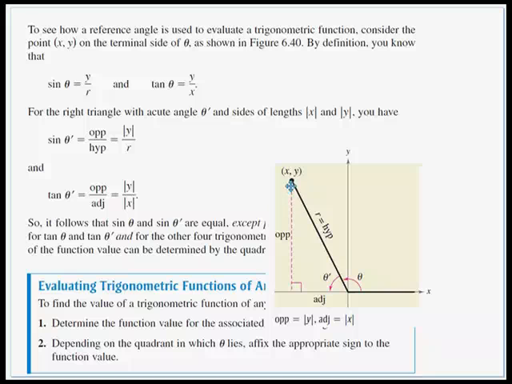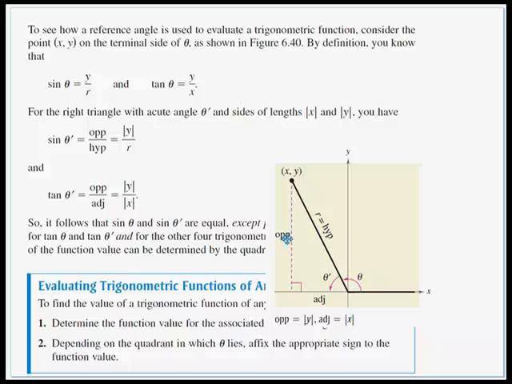If we go to the picture, from point x y we drop this perpendicular down, so we have created a right triangle. From our reference angle theta prime, we have an adjacent side and an opposite side. So if we look at the sine of theta prime, our reference angle, we know that that is the opposite side over the hypotenuse.